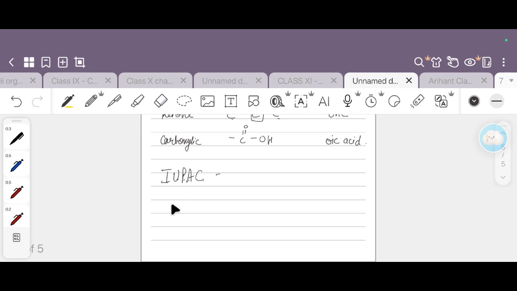The basic for IUPAC naming or nomenclature is that we have to use a word root, then a primary suffix, then secondary suffix, and for some compounds we will use some prefix. Generally we use a prefix as an Arabic number like 1, 2, 3 to tell the position of the functional group, or for halogens.